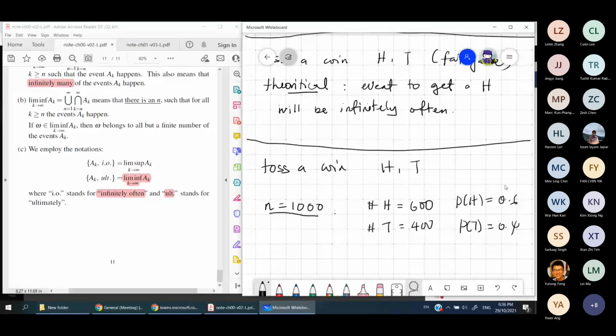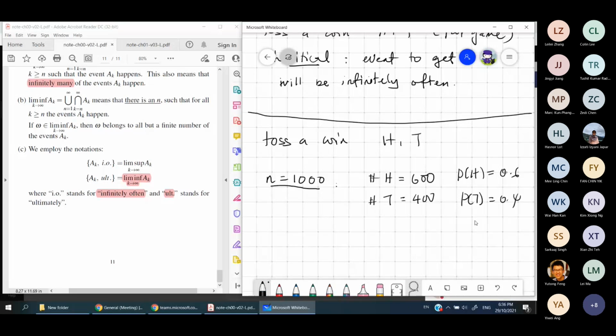The strong law says that when n becomes very, very large, then we believe the chances of getting a head and a tail will be the same. But this is just theoretical, because we can never have infinitely many trials. We live in a finite world.